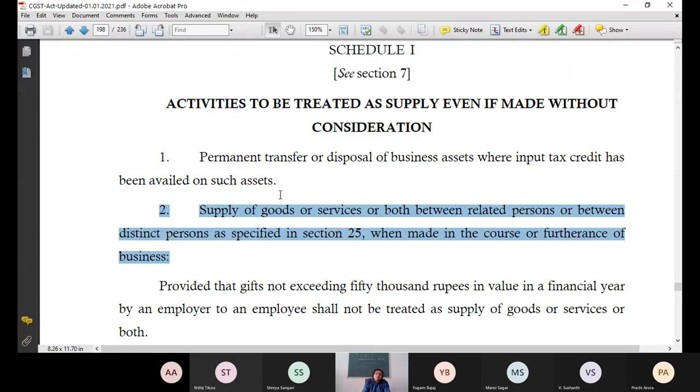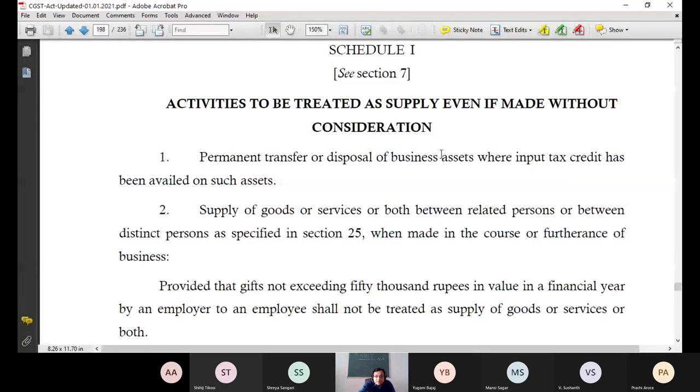In the second point, they say it should be for the business. In the first point, they are not using the sentence 'when made in the course or furtherance of business', but in the second paragraph they are using it. So that also you need to see.